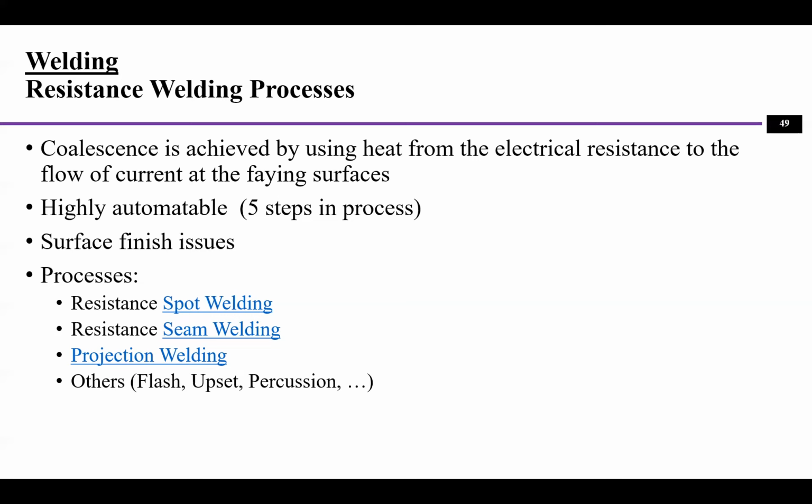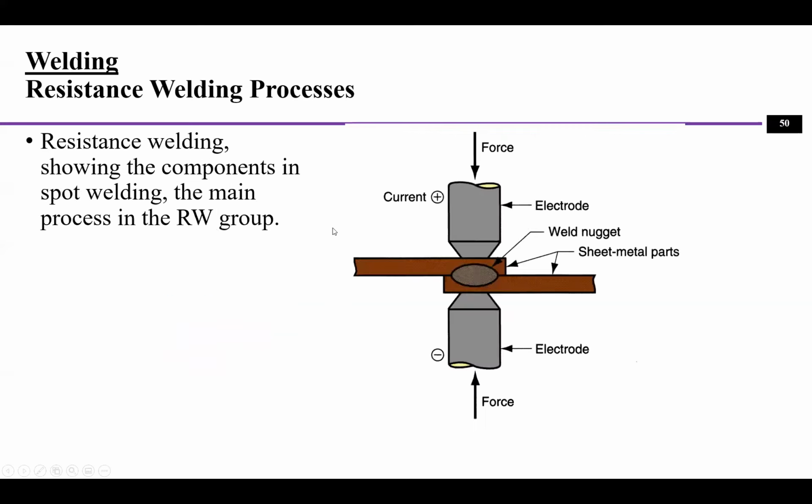Similarly, you can use a similar process, but you are making a whole line. If you're doing a whole line, that's called seam welding. Watch those two videos, and you will have a better idea. And you can also watch the video about projection welding. So this is the resistance welding process.